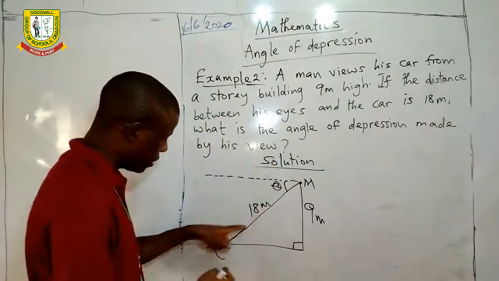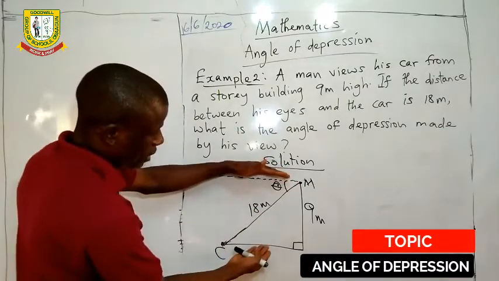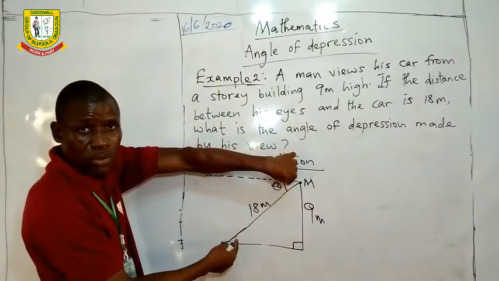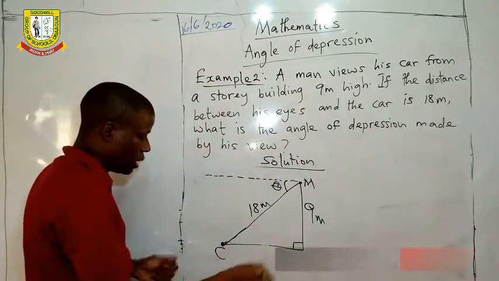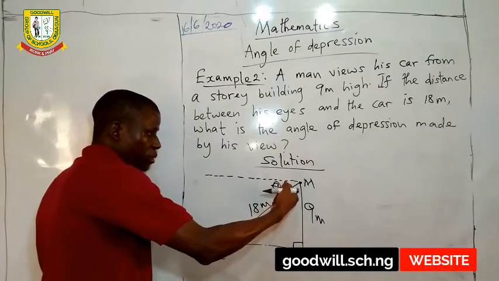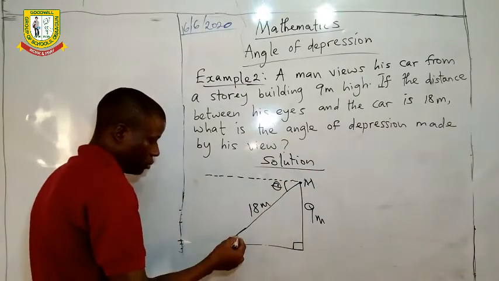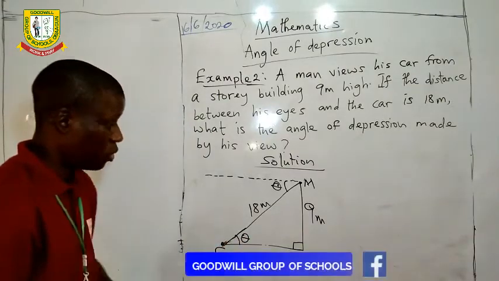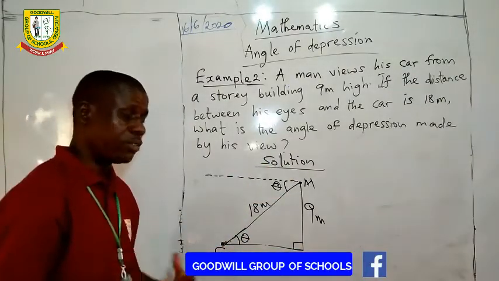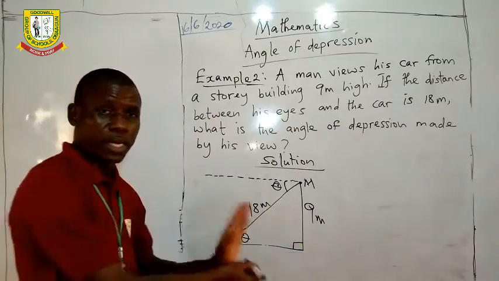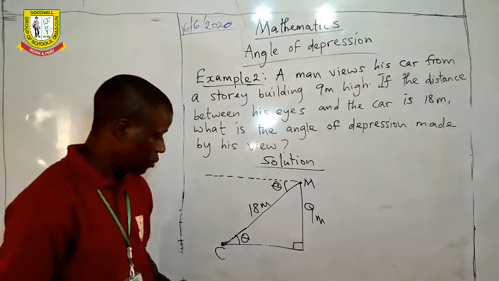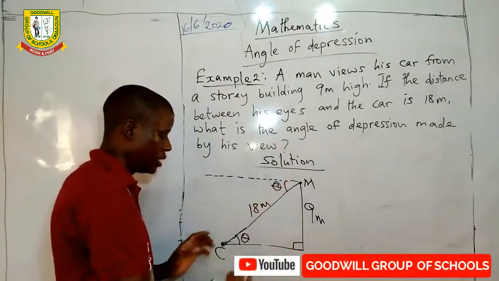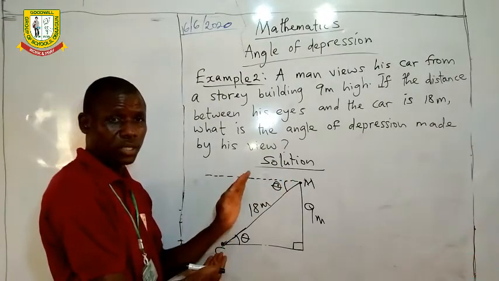So this line is connecting these two parallel lines, and so this angle here is alternate to the angle down here. So our angle of depression here comes as the angle of depression here also, or comes as the angle of elevation, if I want to apply it correctly the way we are studying it, because if someone is at this point and looking the other way, it is the angle of elevation the person is having.